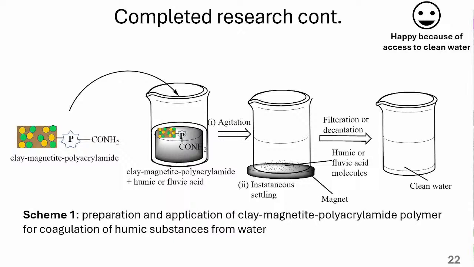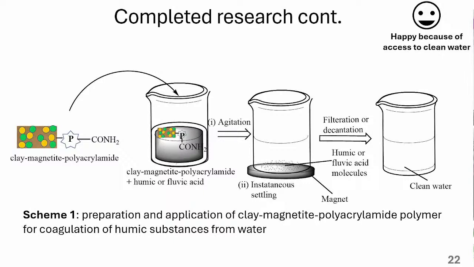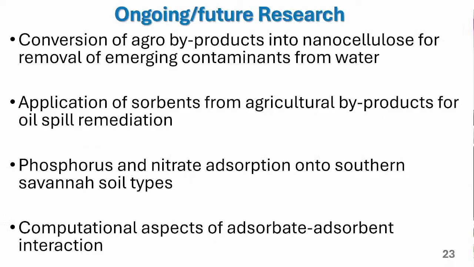But this is a material that is friendly, not toxic, and can be easily dispersed in water, that can precipitate a lot of humic substances from water, hence render the water safe to use. And here we can see the Son of Man is now happy because there is access to clean water. Then these are the ongoing research.